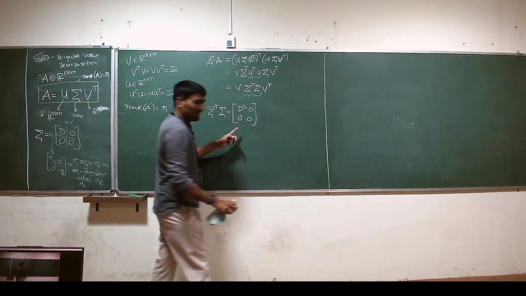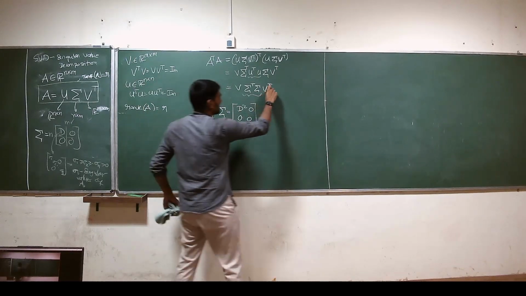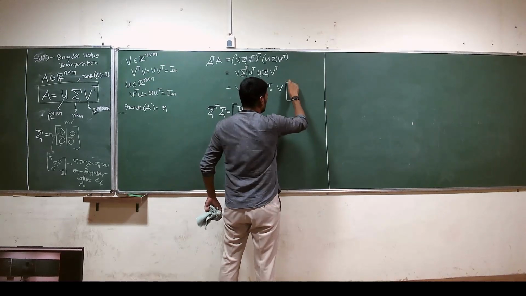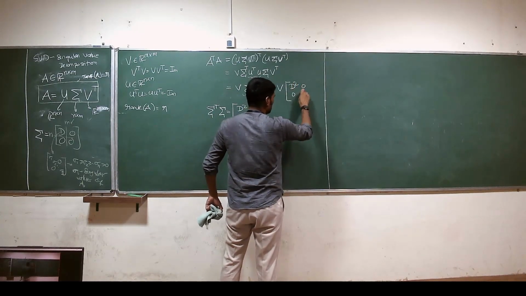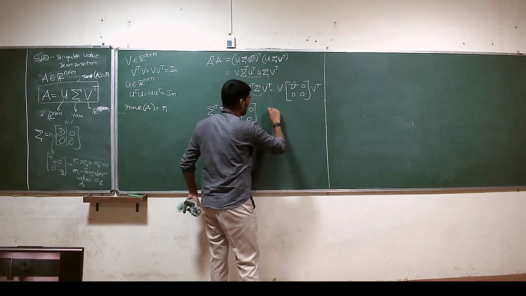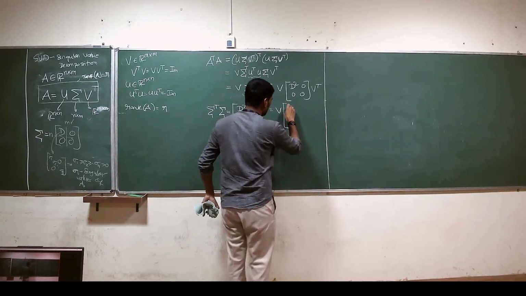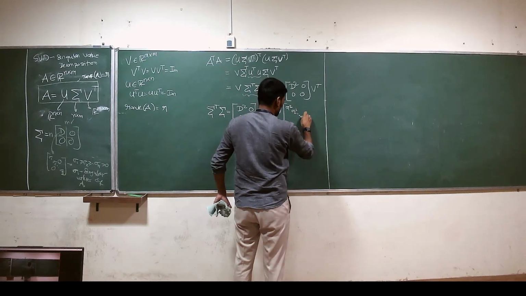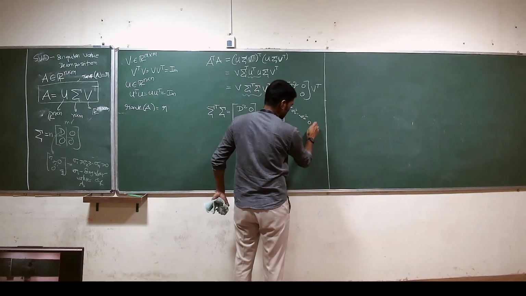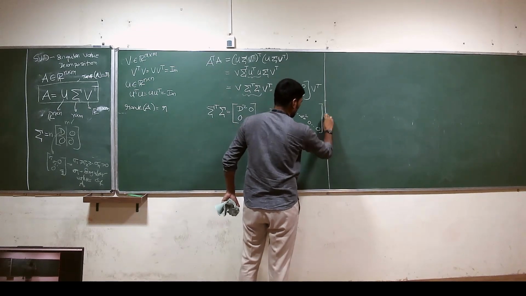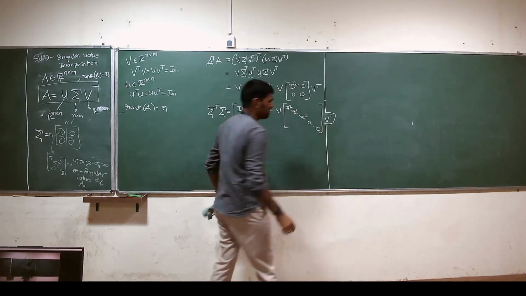That means this can be written as V times D square, 0, 0, 0 times V transpose. Which is equivalent to saying this is simply V times sigma 1 square, sigma 2 square, up to sigma R square, and then a bunch of zeros, times V transpose.